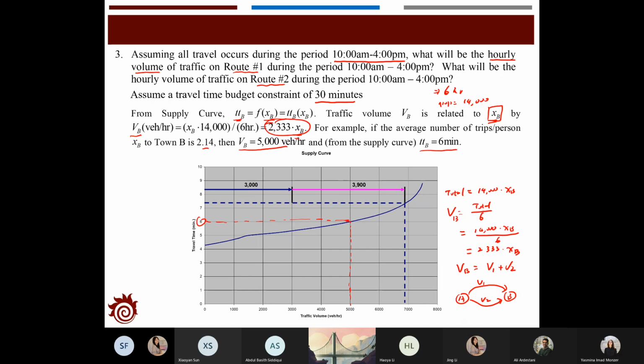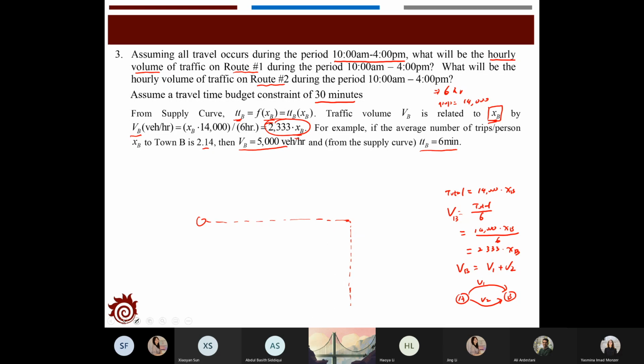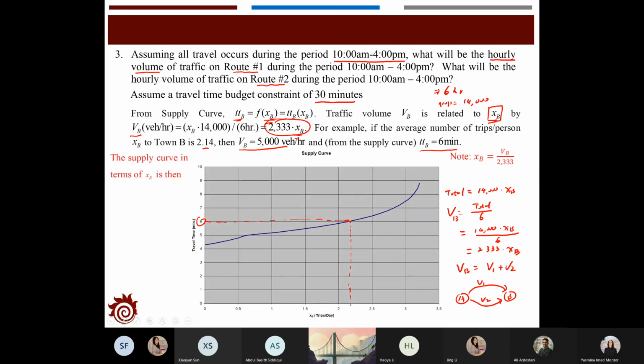So for now, we just get the relationship between the flow from A to B and the every daily activities in town B. That is XB. So with that, we can do another modification, by replacing the volume VB with XB, so the number of the daily trips for each person.